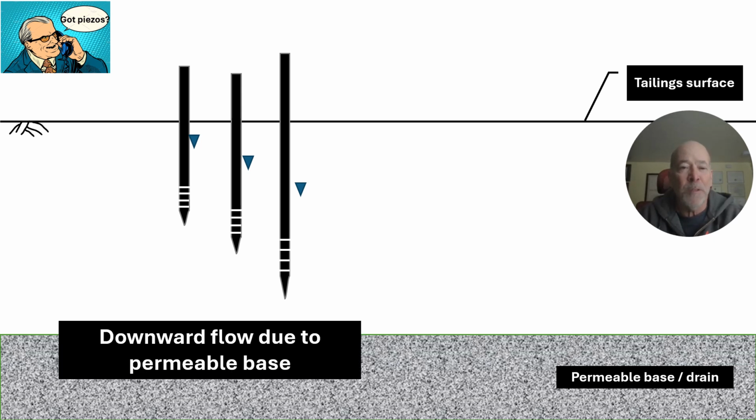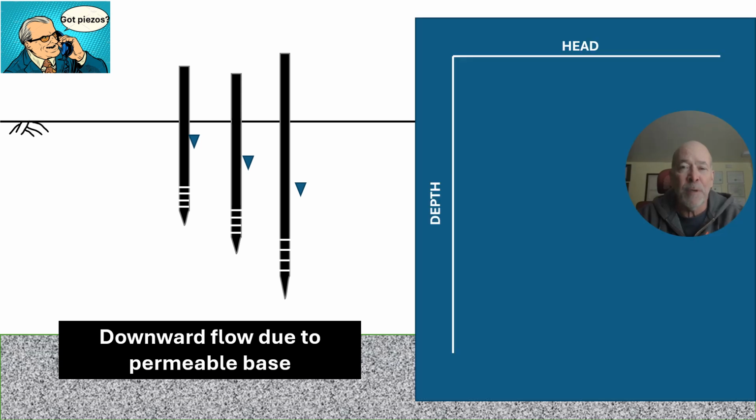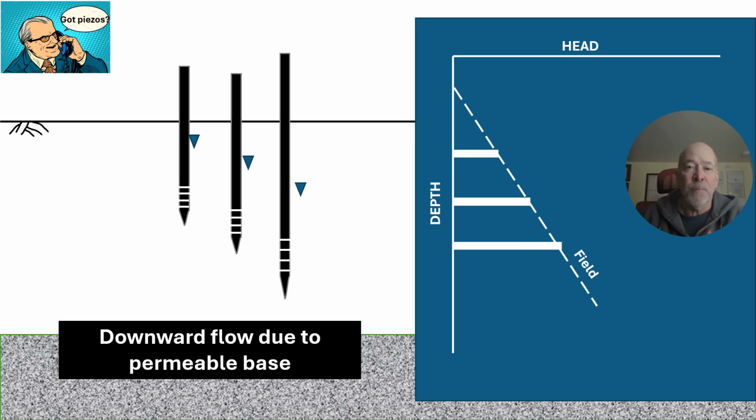So what was going on here is we have a downward flow due to the permeable base here. And if we look at head versus depth, we can see the shallowest one had a certain head on it, the next one too. So this field pore pressure is different than hydrostatic.